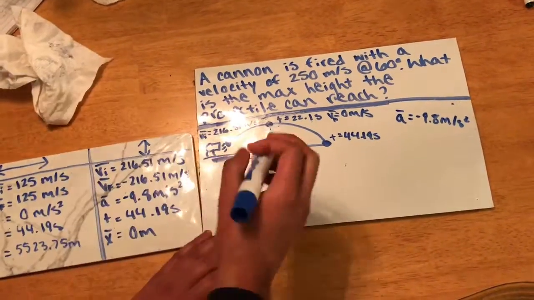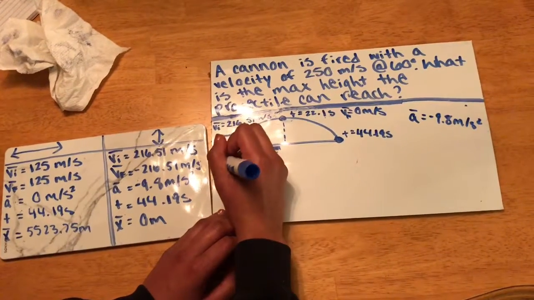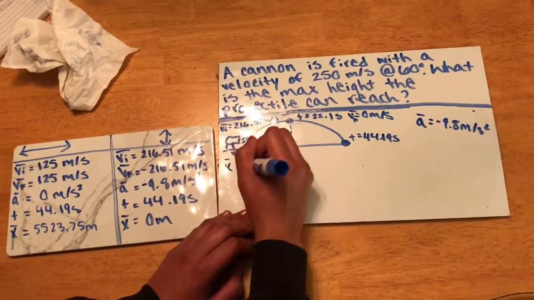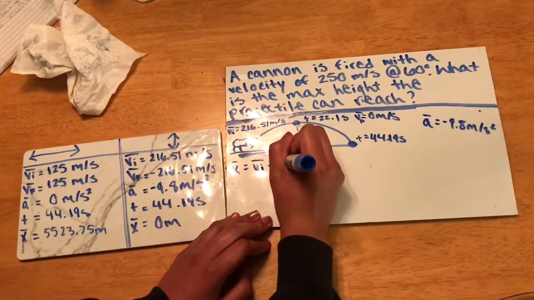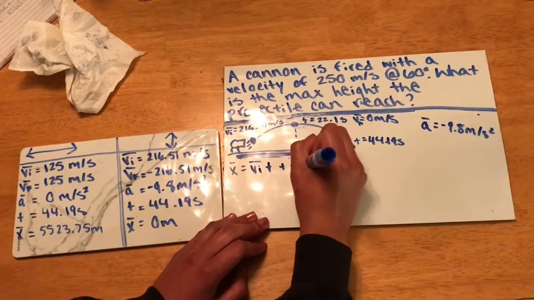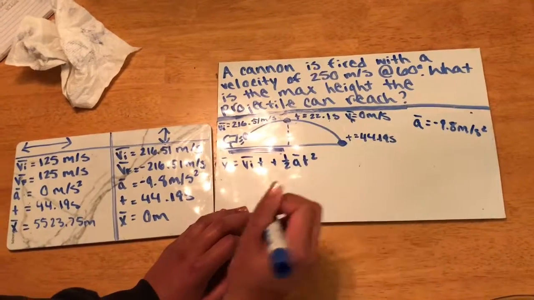So to do that, we're going to once again use our displacement equation, which is x equals, or displacement equals, the initial velocity times time plus half acceleration times time squared.